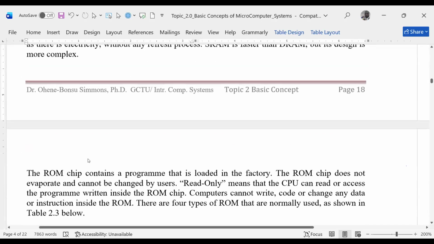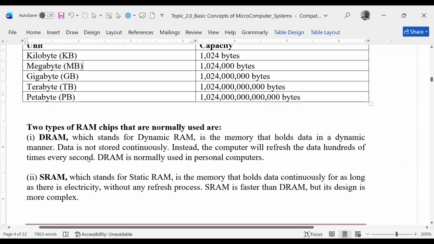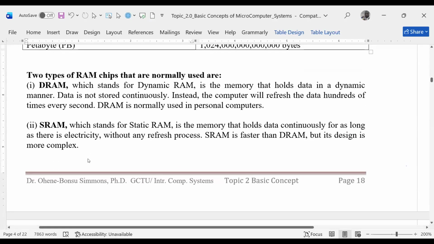The RAM, as you see, is the main memory that holds your work temporarily as long as there's power. The RAM has two divisions, two types of random access memory, one called dynamic and another one static.